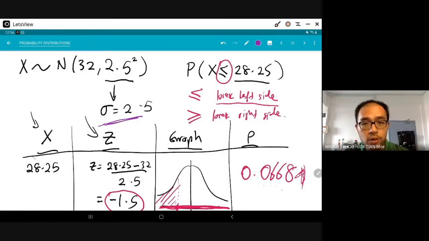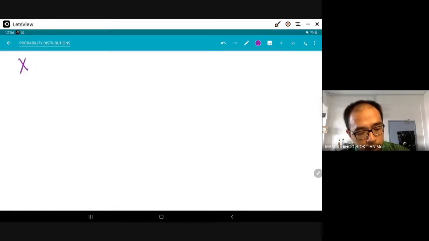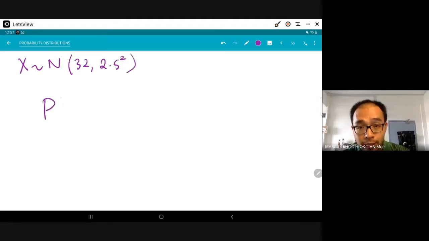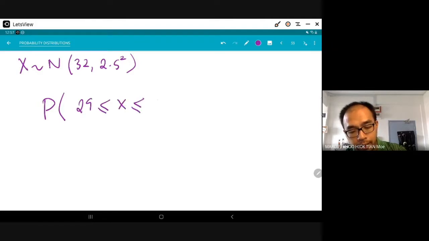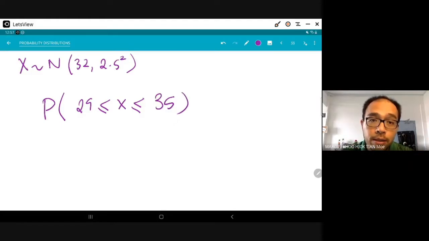Okay, saya mau gunakan soalan ini, tetapi saya mau ubah sedikit dia punya soalan. Okay, 32 and 2.5. So, X is normally distributed, the mean is 32, the variance is 2.5. Okay, find the probability of 29 < X < 35. Macam ni. Okay, so you have an in-between situation already.